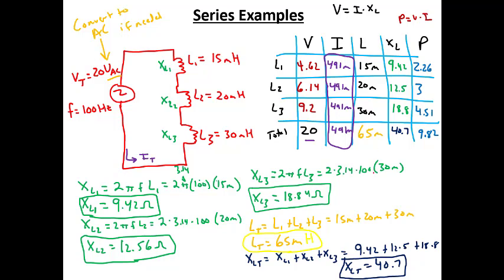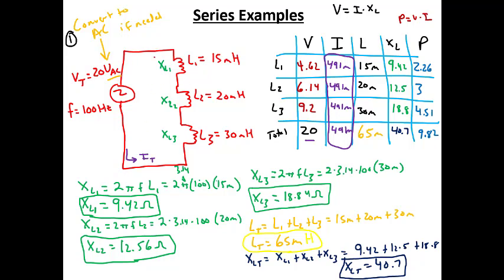All right, so we've completed our series example. If we go back through our steps, the first step, and this is always going to be the first step, is to make sure that our power supply is in volts AC.